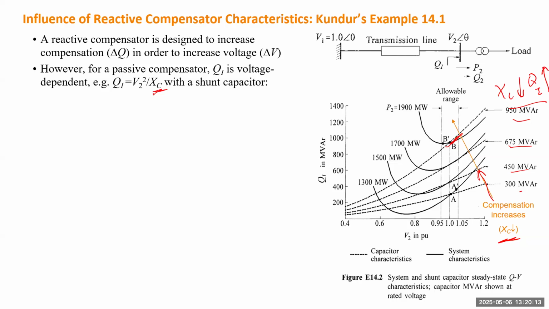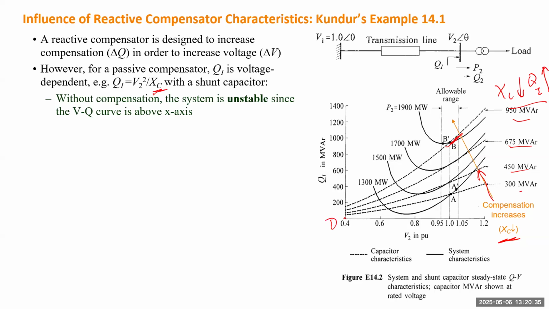All right. So then there will be a question. Let's see, without compensation, the current system must be unstable. Why? Because you see here, all the VQ curve is actually above 0. Here is the 0, and 0 means there's no injection.